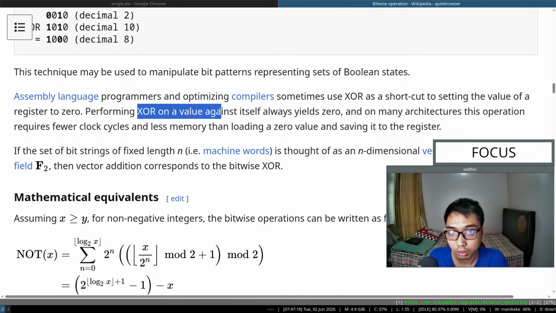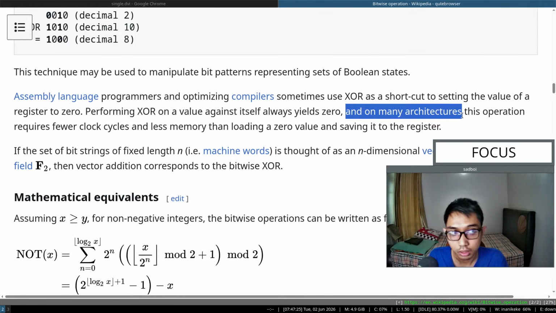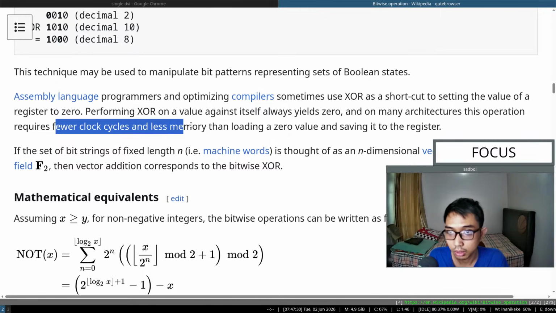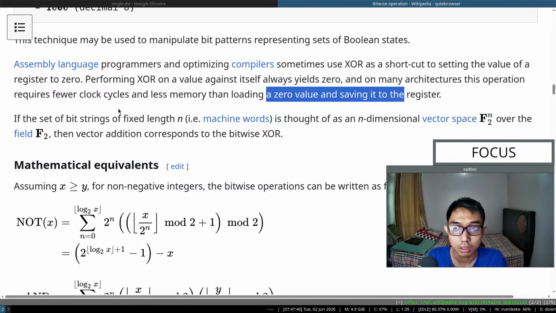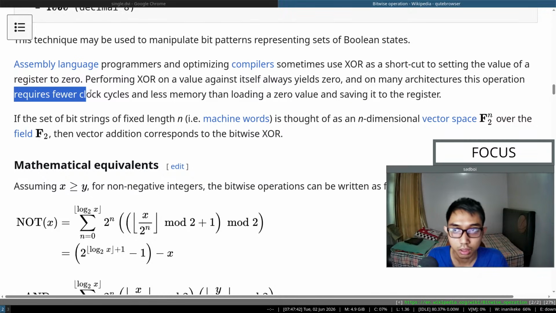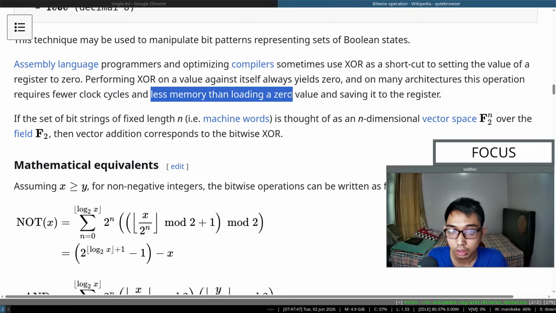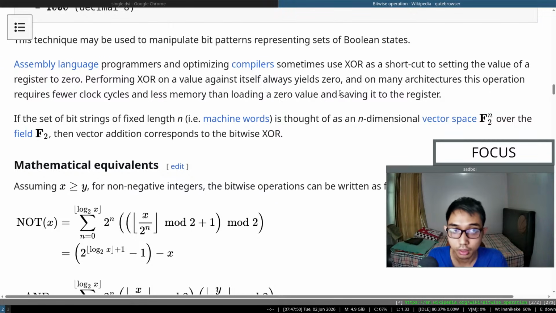Performing XOR on a value against itself always yields 0, and on many architectures, this operation requires fewer clock cycles and less memory than loading a zero value and saving it to the register. Oh, interesting.